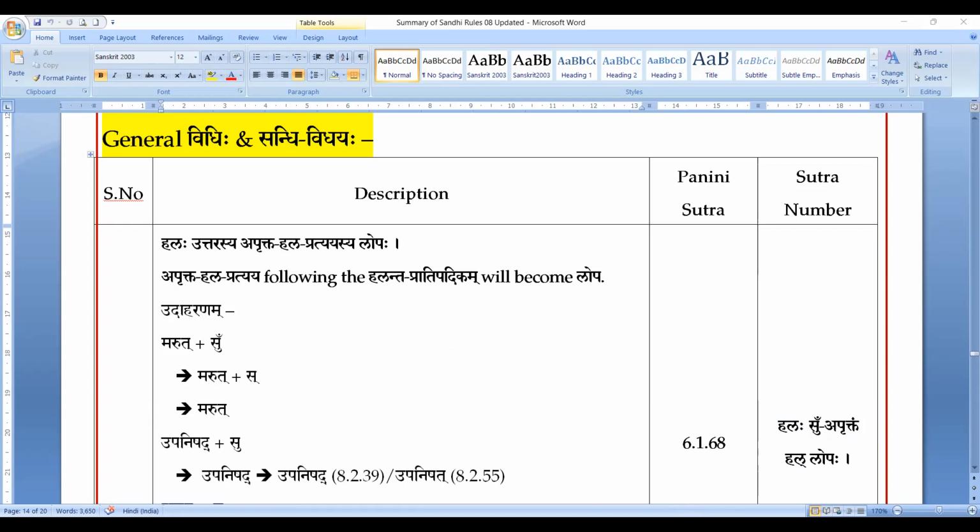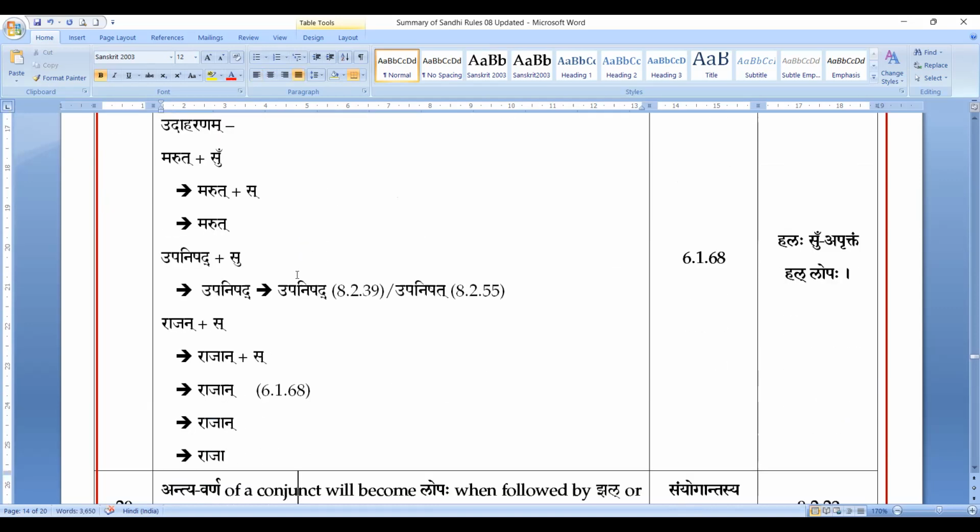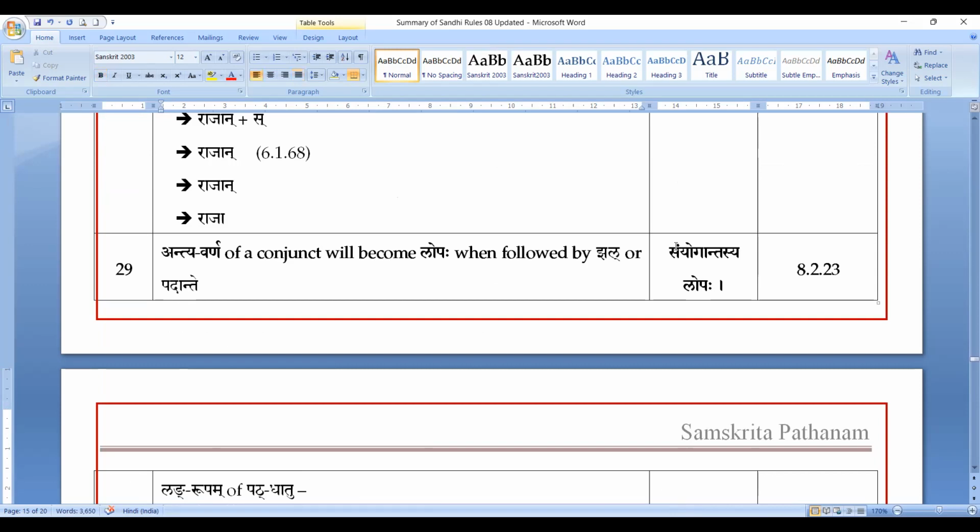And Sanyogantasya lopaha is there in Tripadi. Therefore, this rule you will find application first. After this, when you enter Tripadi, then Sanyogantasya lopaha is to be applied. Generally, we tend to apply Sanyogantasya lopaha skipping this.